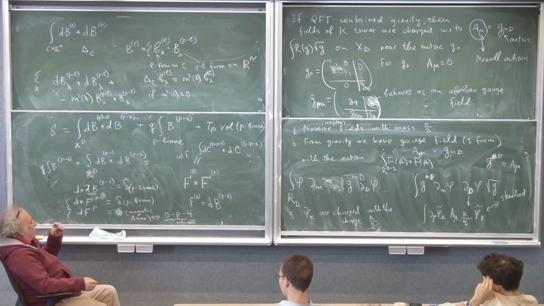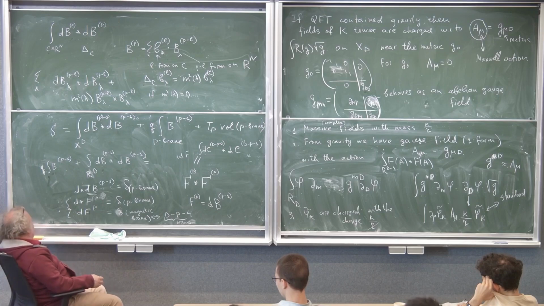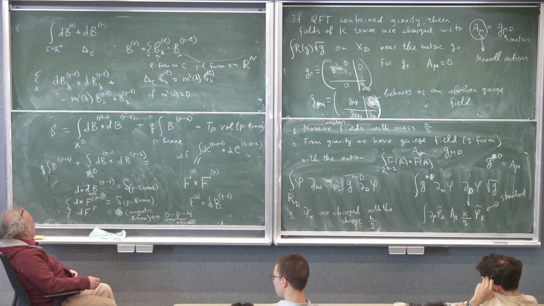You may play with these numbers. And this is a definition of the magnetic brane. Wait, maybe it's D minus P minus 2, because in D equals 4 and P equals 2.